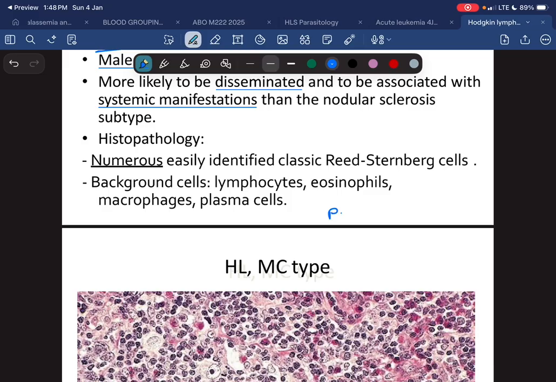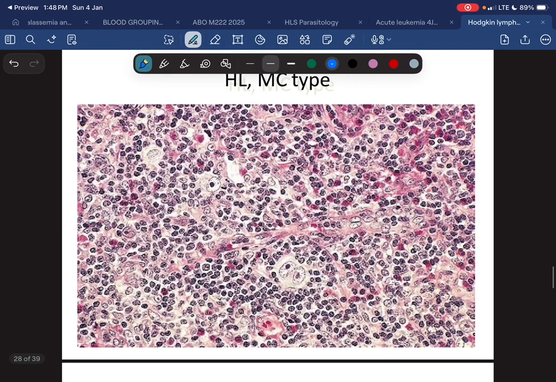In histopathology, we have numerous easily identified classic RS cells. Can be seen easily, okay? With mixed background inflammatory cells. Nodular sclerosis, it's not that easy to identify. Sometimes certain subtypes, RS cells cannot be identified easily.